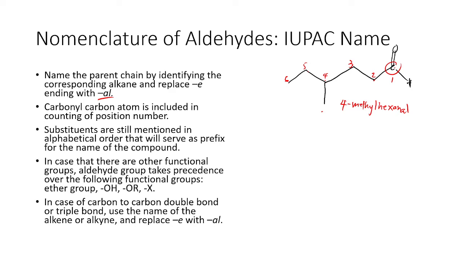Substituents are still mentioned in alphabetical order that will serve as the prefix for the name of the compound. So basically, kapag meron ka pang isa pang substituent dyan, magbabago na yung arrangement.